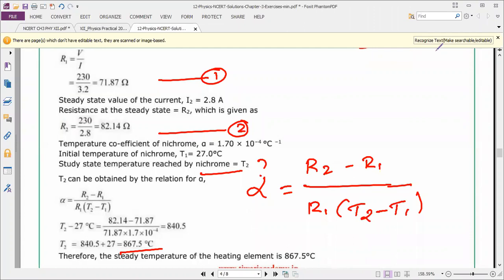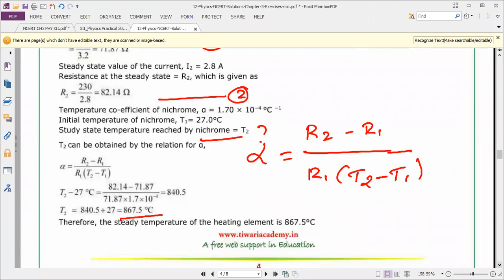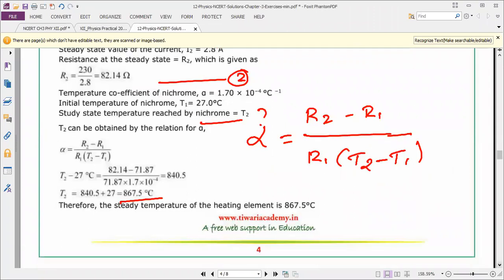Completed. Shall we go for the next? Yes, sir. So it is very important that you know the formula. Without the formula, it is very difficult to learn the problems.